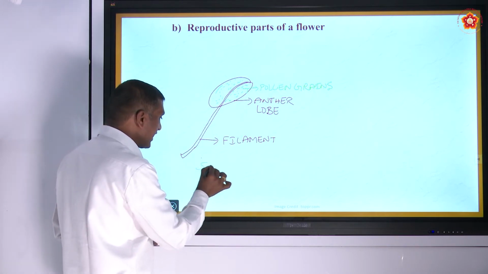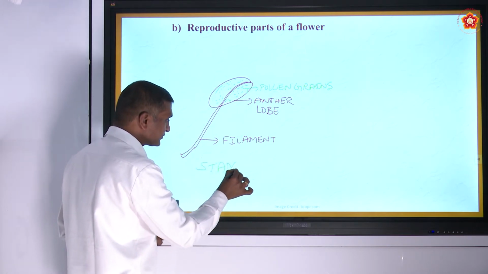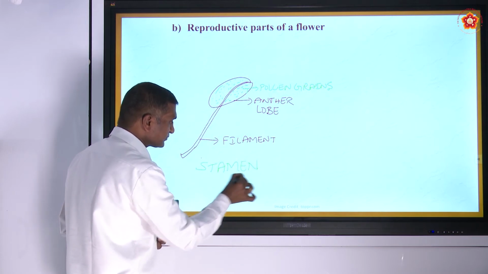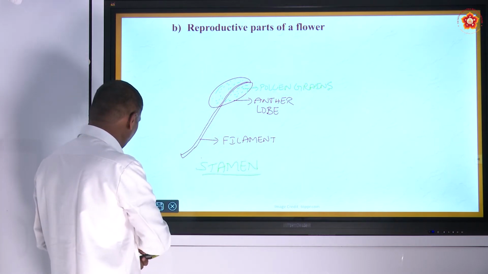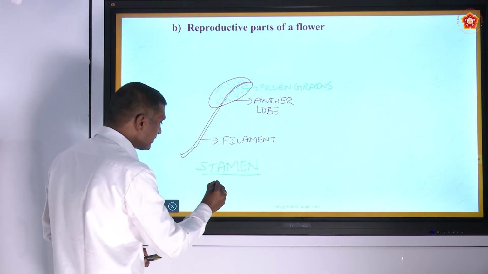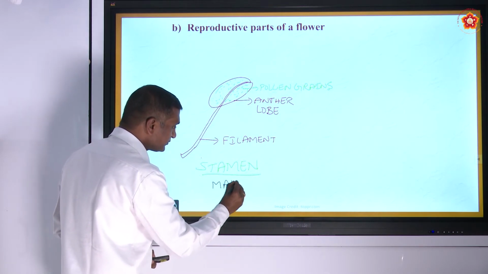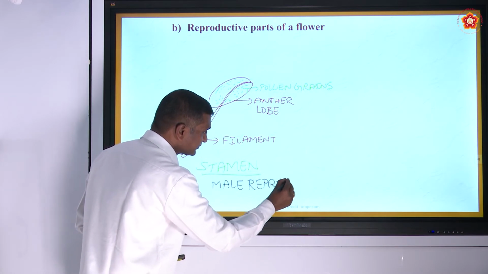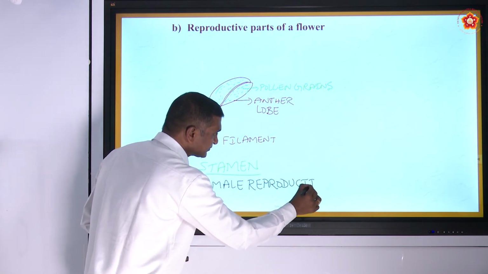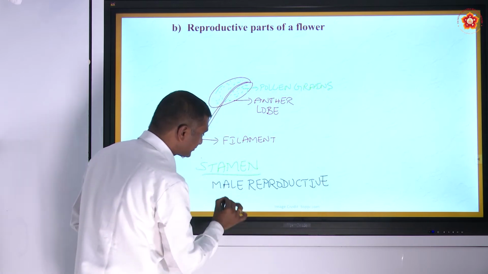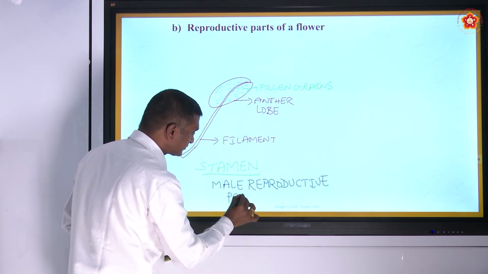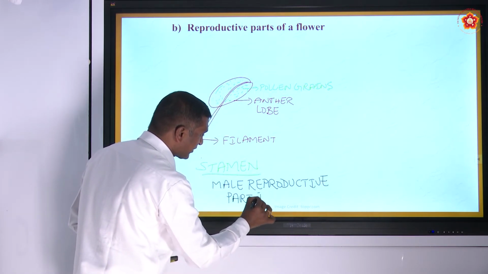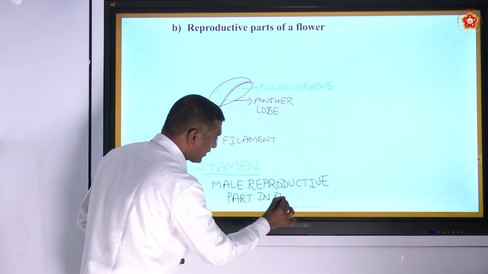This is stamen. This is nothing but the male reproductive part in a flower.